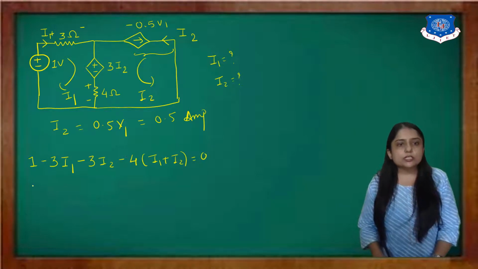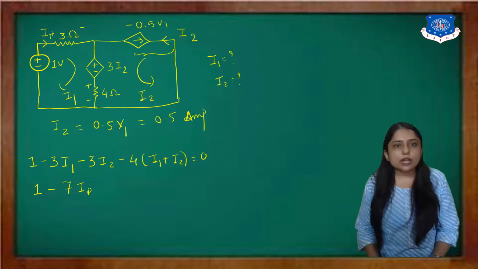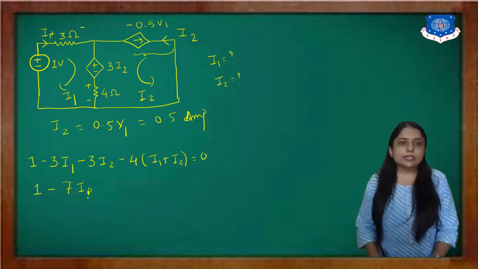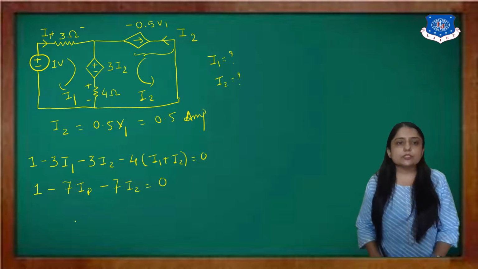Now you just solve this. Then 1 minus 7I1; minus 3I1 minus 4I1 will become minus 7I1. And here minus 3I2, and here also minus 4I2. So minus 7I2, that equals 0.